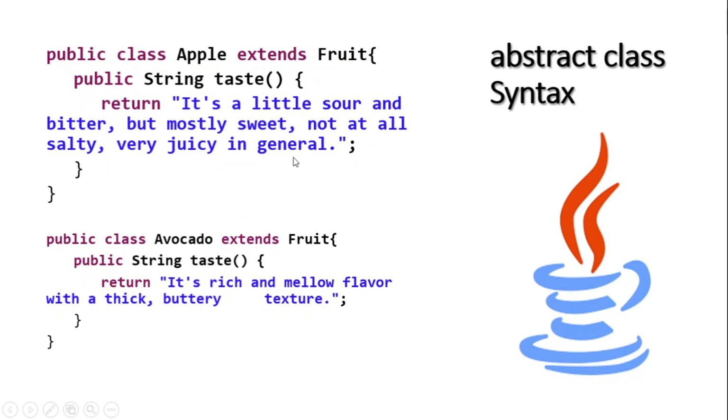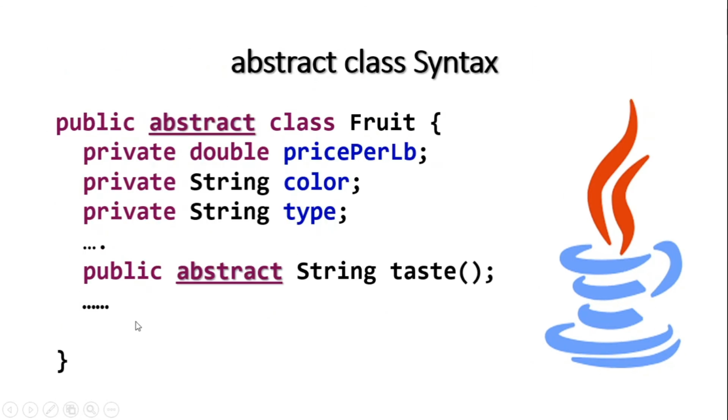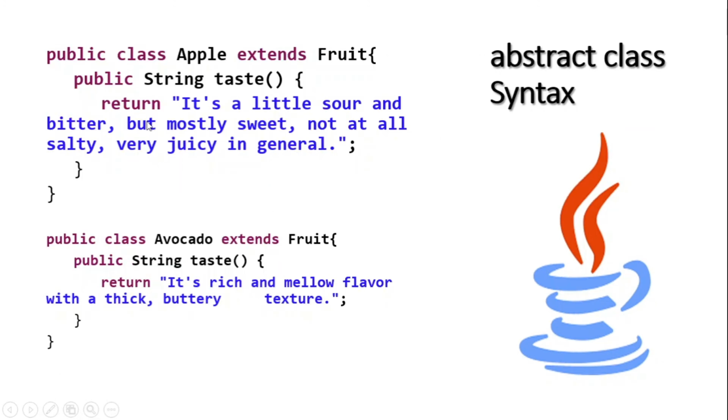Now, the most important rule when it comes to abstraction is that you must implement the abstract methods that you have from the abstract class. You see this method here, public abstract string taste, and I want you to pay attention to this. Public string taste, public string.